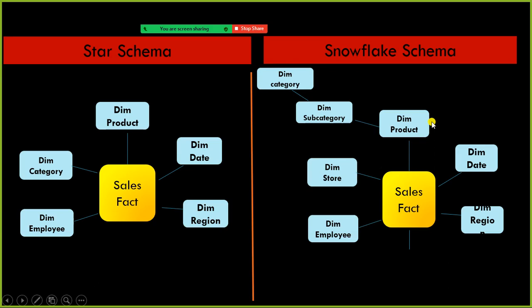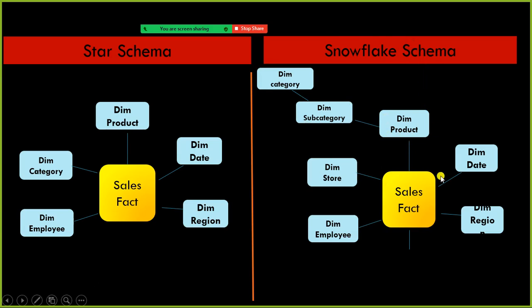Supposing you want to summarize product data for sales, this would require joining the fact table to each level of the product hierarchy. Category wise total sales, and subcategory wise total sales, right? So you need to join the fact table to each level of the product hierarchy. Okay, so that is the one thing.